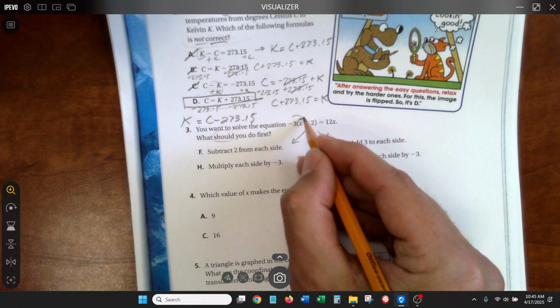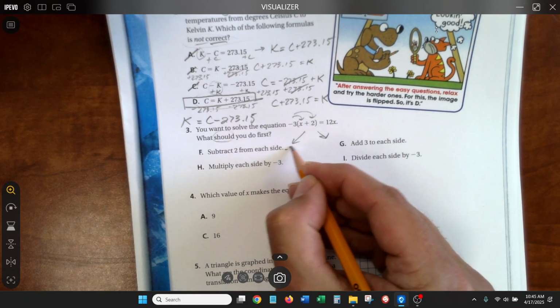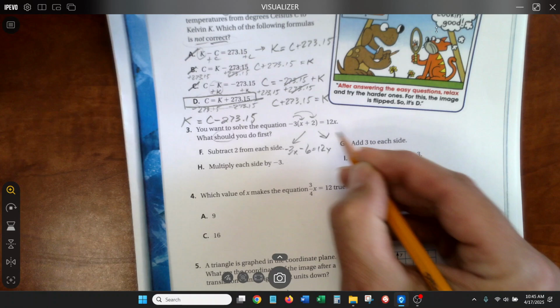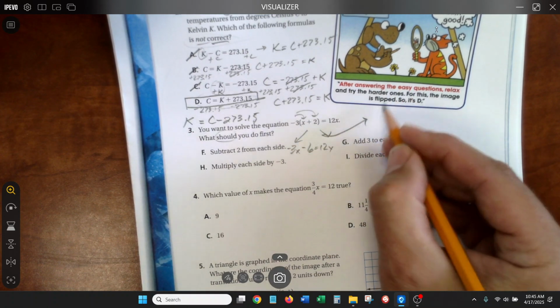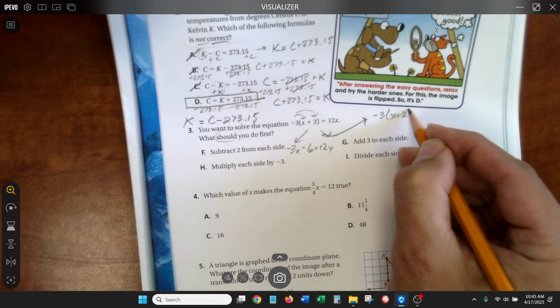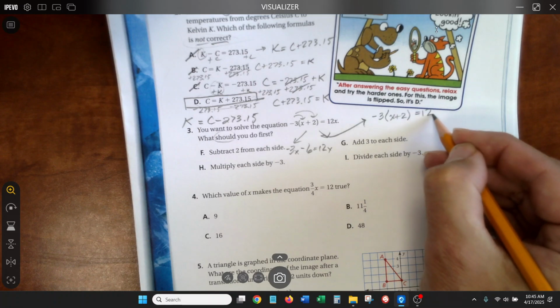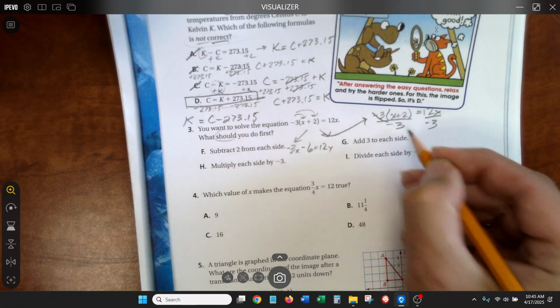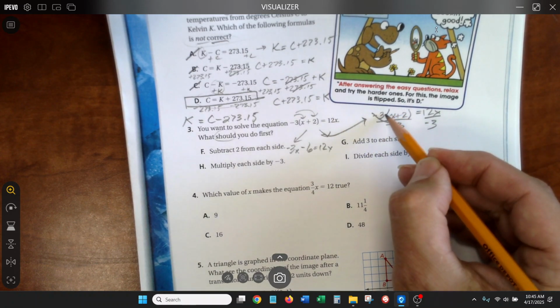You can distribute the negative 3 and get negative 3x minus 6 is equal to 12x. Or you could divide both sides by negative 3. By dividing both sides by negative 3, the negative 3's on the left cancel because this is multiplication.